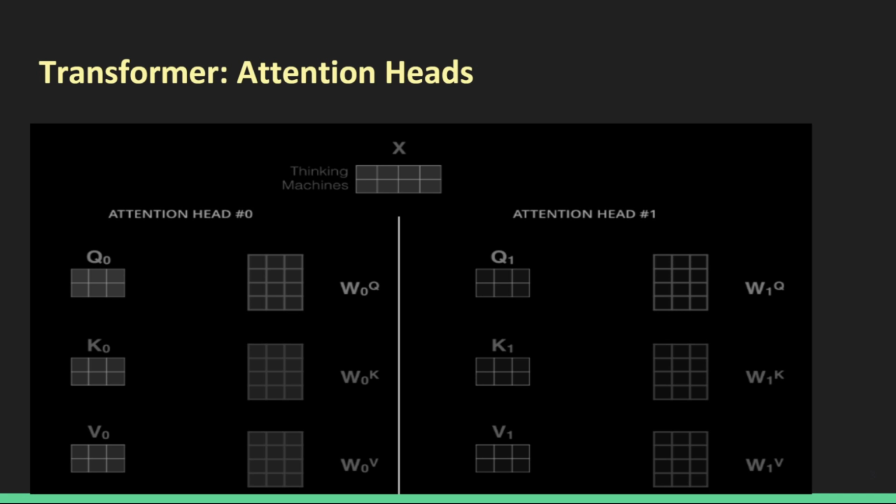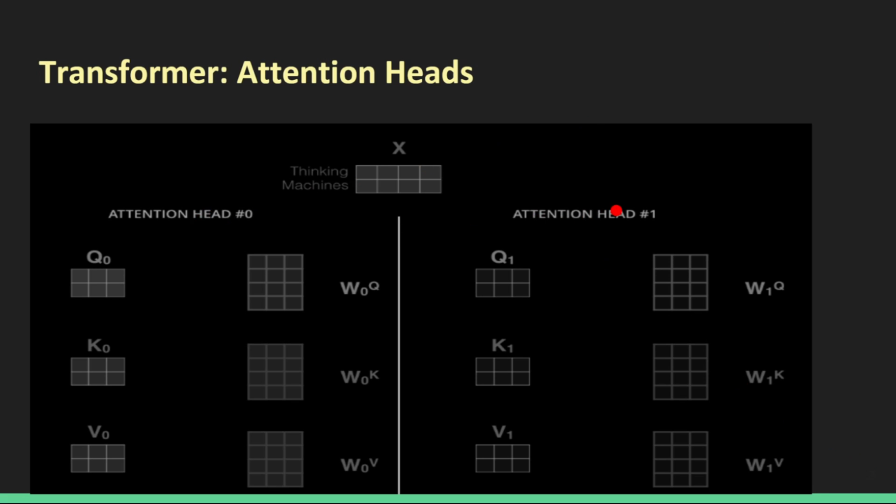In a multi-headed attention paradigm, you try all of them at once. You try various initializations. You try various sets of parameters in parallel, and you call each one an attention head. So you can have H attention heads in your self-attention layer.